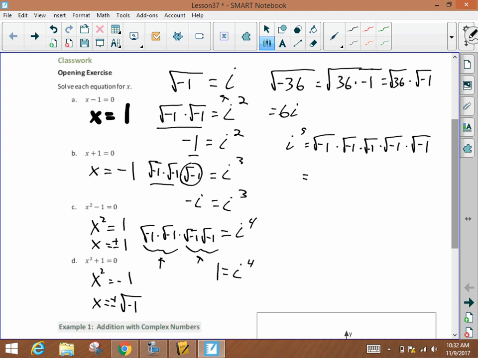So what is this? We've determined that this is negative 1. This, we have determined, is also negative 1. And this is i. So where are we now? Back to i.